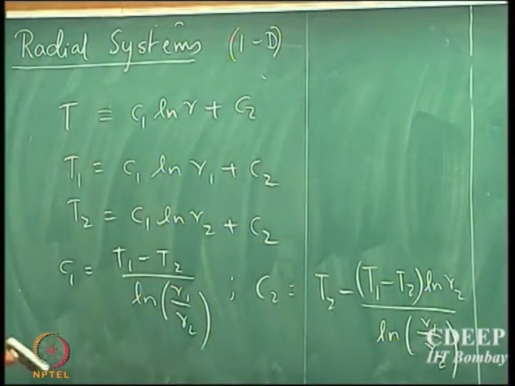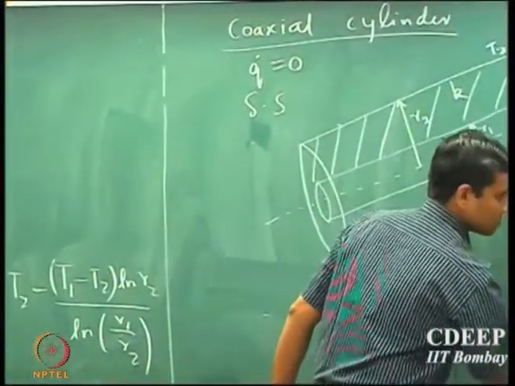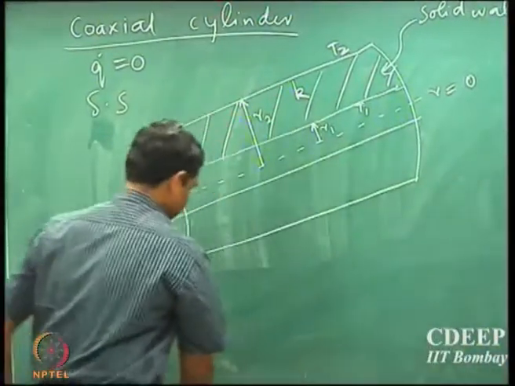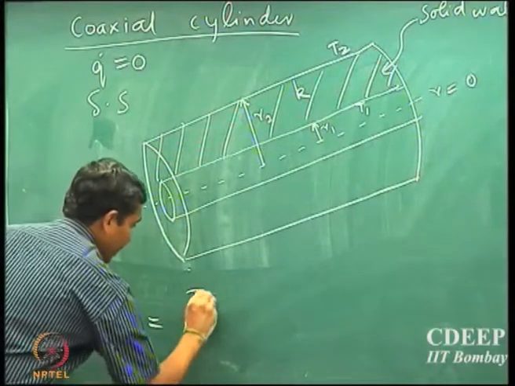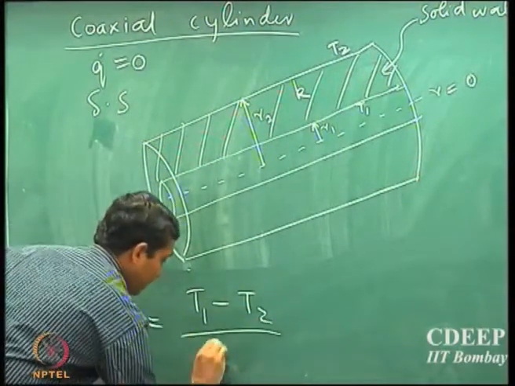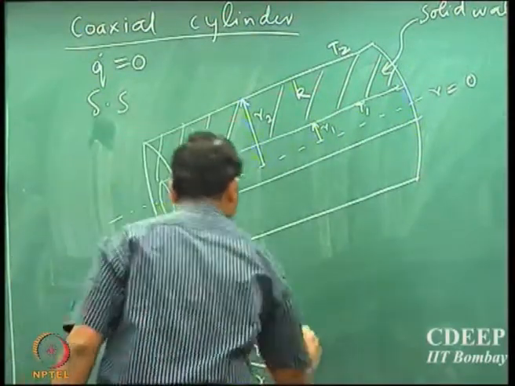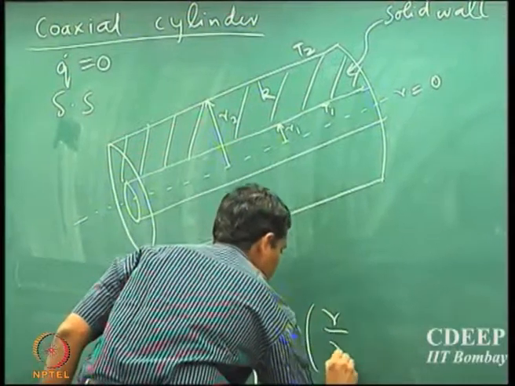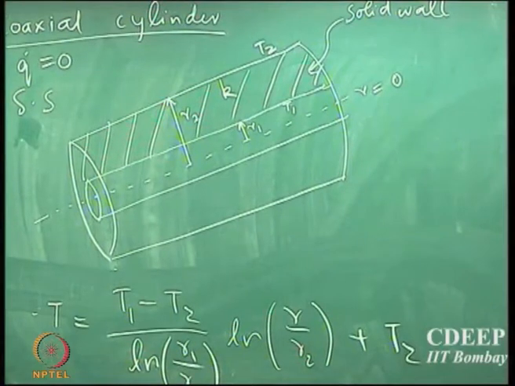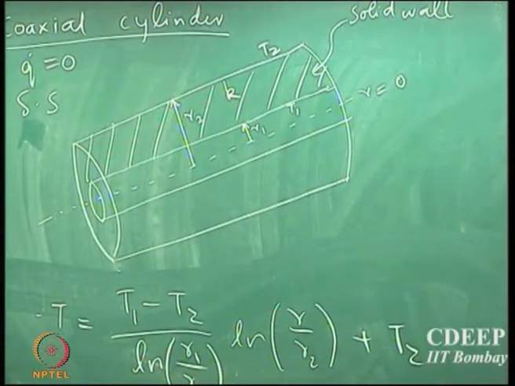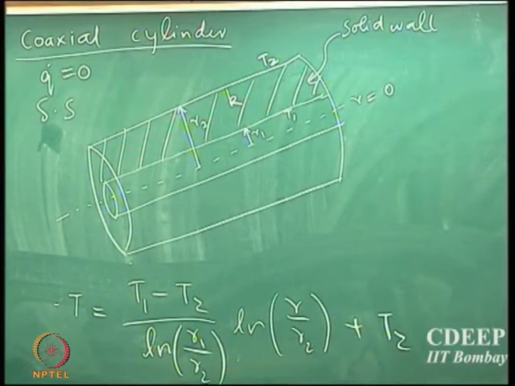When we substitute, we find that the temperature distribution T is given by (T1 minus T2) by ln(R1 by R2), multiplied by ln(R by R2), plus T2. All I have done is substitute these constants into the general solution of that equation, and this is the temperature profile. Okay.